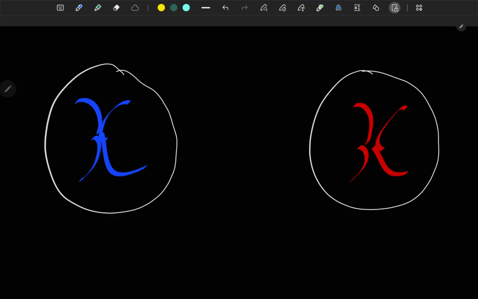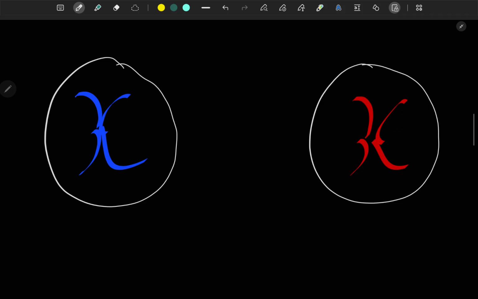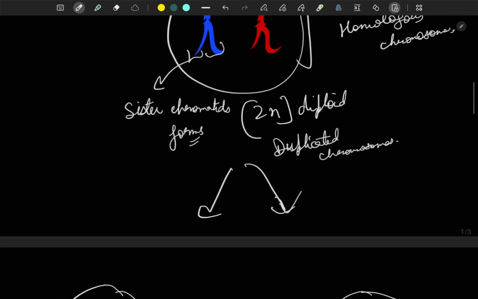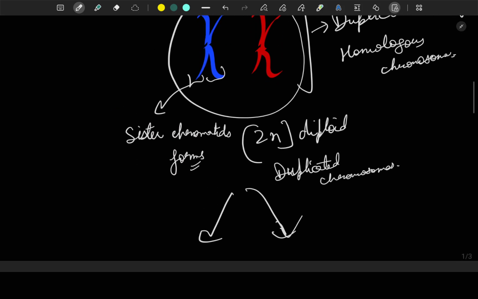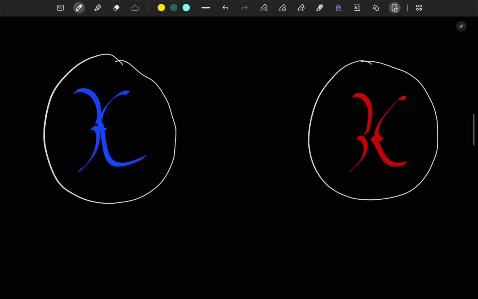What you can see is that the chromosomes separated, the homologous chromosomes get separated. What do you think happened? The division of the cell is done here, the cell divided into two, and the chromosomes separated.